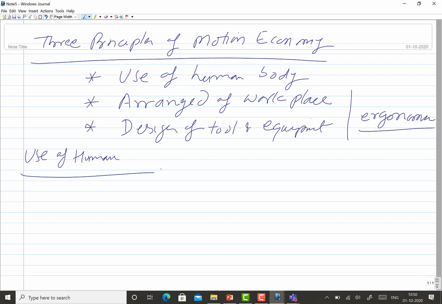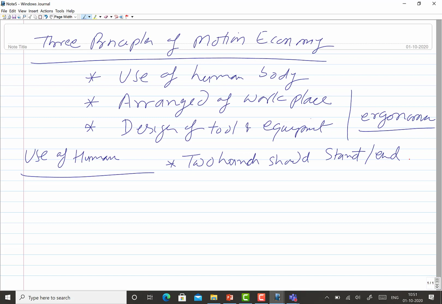Okay, so whenever possible, work should be designed in such a way that the two hands should start and complete their movement at the same time.